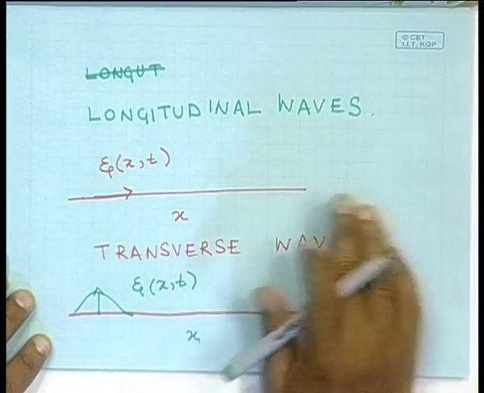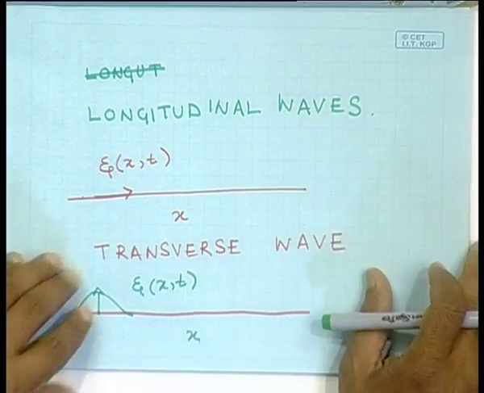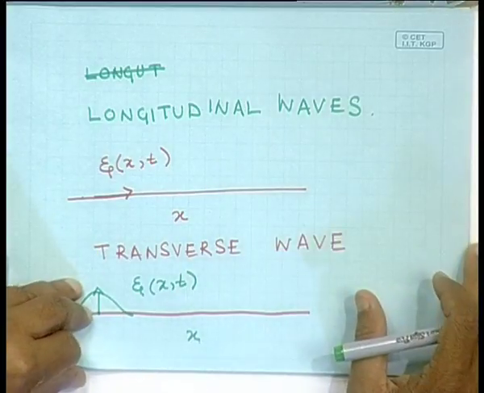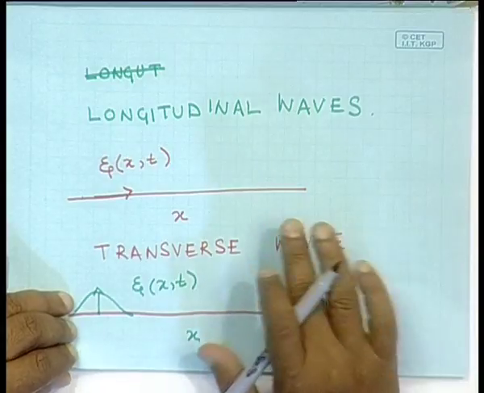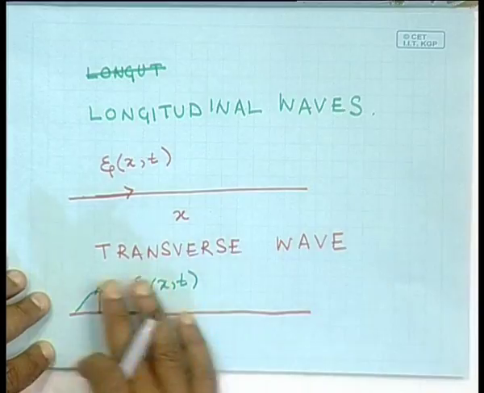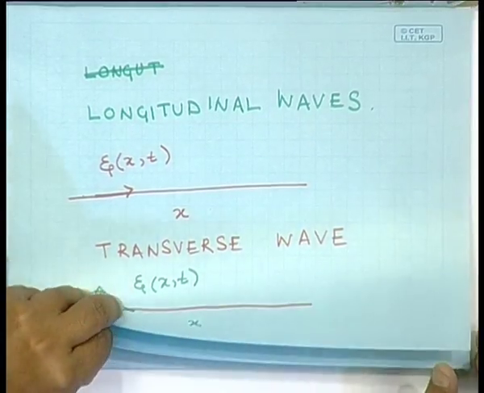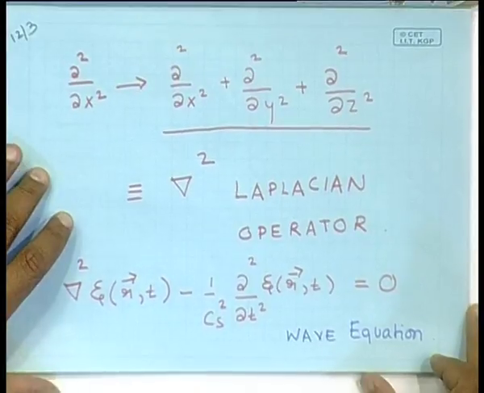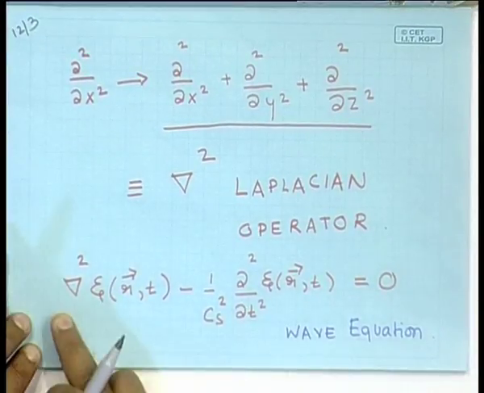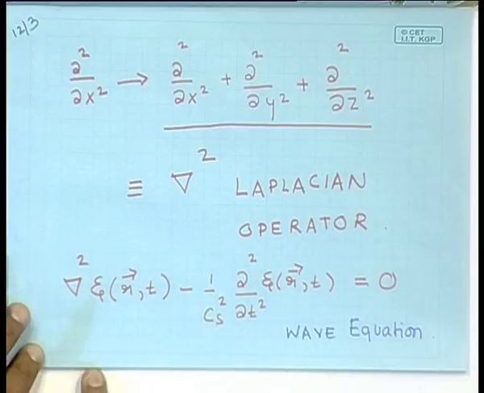So we have different kinds of waves possible. We have longitudinal waves possible. We derived the wave equation for a longitudinal wave, which is longitudinal disturbances in an elastic medium. But you could also have transverse waves like the disturbances in a string. Now in all such situations, the evolution of the disturbance is typically governed by such a wave equation. So the wave equation that we have derived is very general.